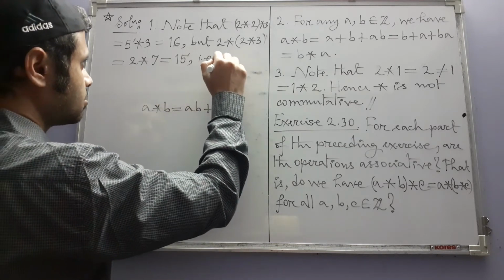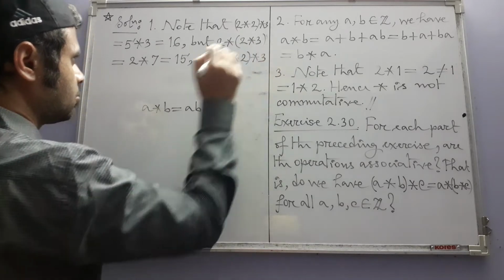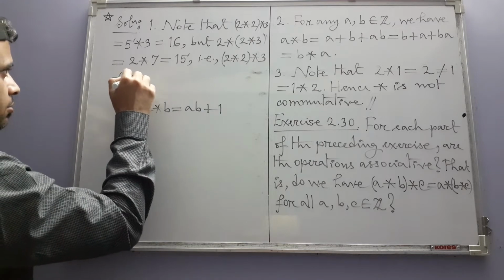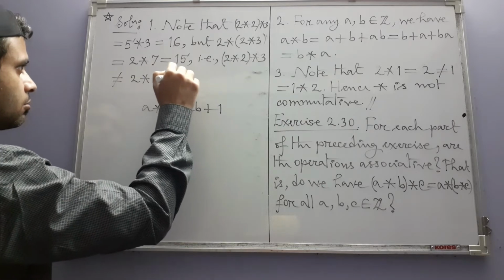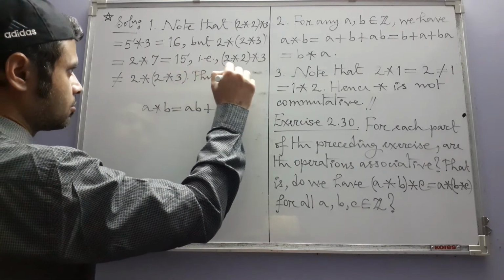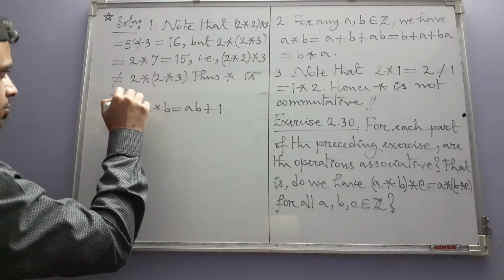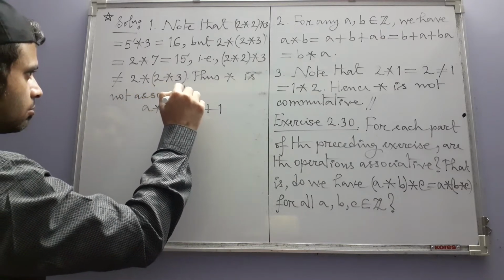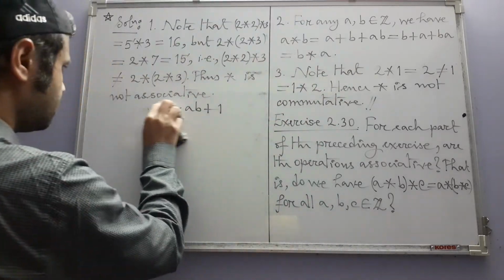That is, this is not equal to this. Thus, this operation is not associative. So that is part 1.